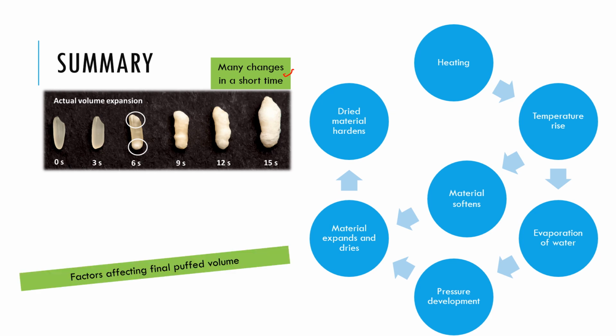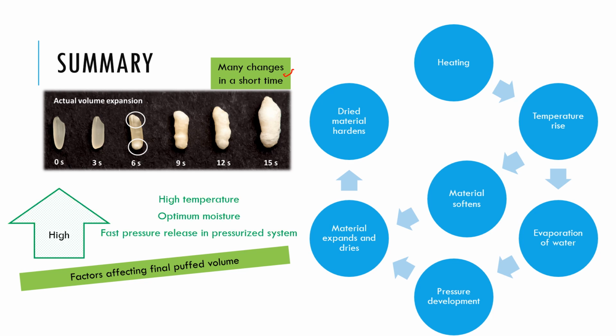In terms of the factors that affect the final puffed volume, of course there are many, but we just looked at 2 of them. One was temperature and one was moisture. So too low a moisture and too high moisture, they both lead to lower puffed volume, and we discussed some of the reasons for that.